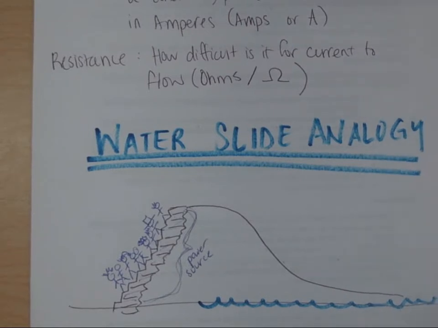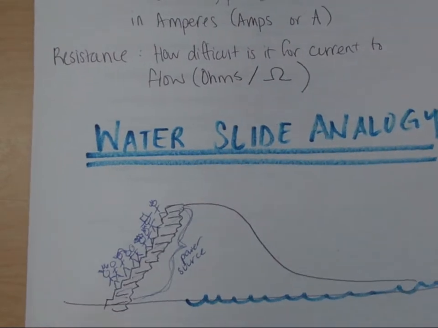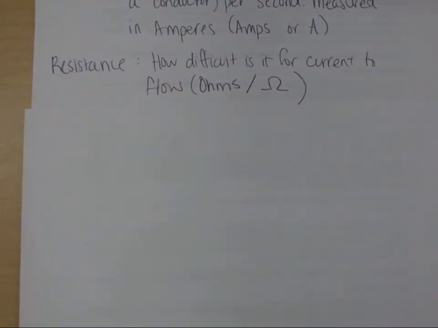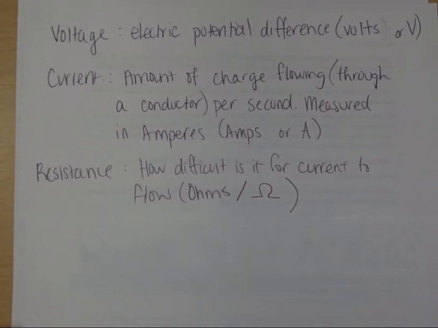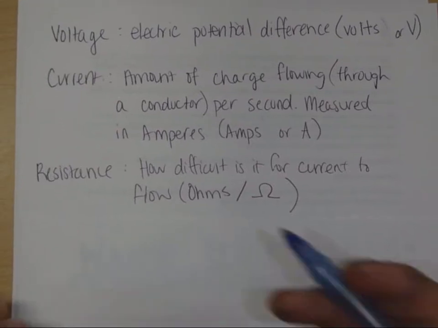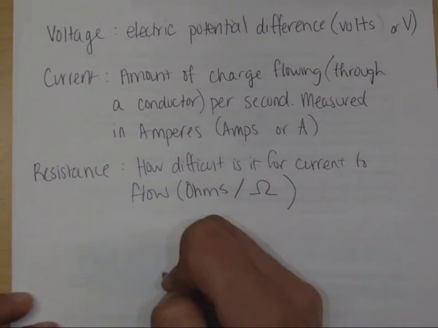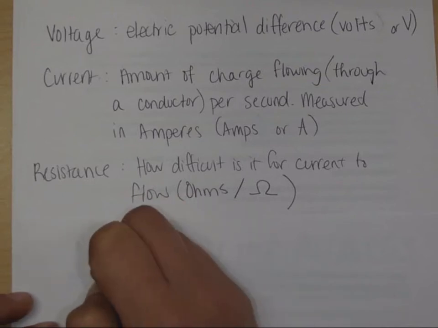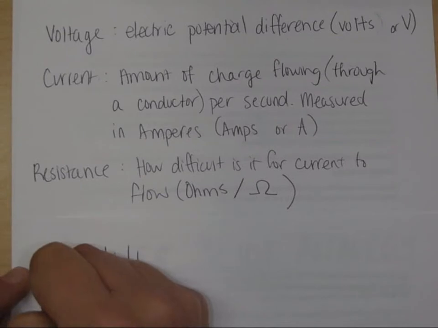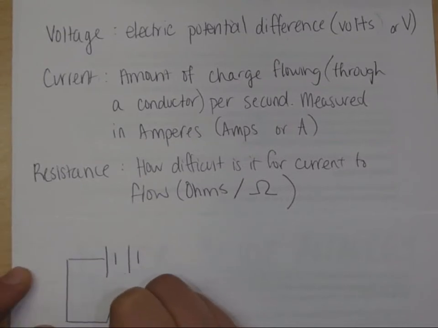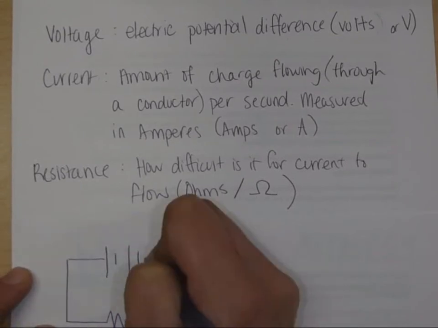Let's see how all of this plays into a circuit. So what I am going to show you guys is an actual circuit. So we have our voltage, our current, and our resistance. So I am going to draw a circuit, and I am going to draw a circuit that has a resistor in it.